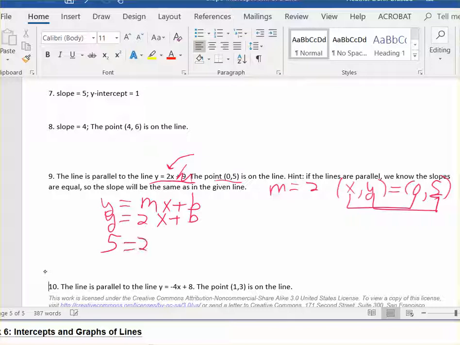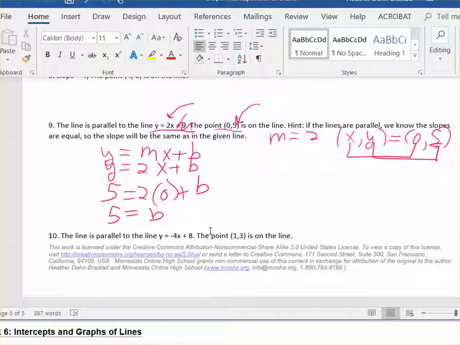This means 2 times x, x is 0. And when we simplify this, we get 2 times 0 is 0, plus b, we get that 5 is b. So it turns out they really did give us the y-intercept in this case, because the y-intercept is when x is equal to 0. And then you're ready to write your equation of your line. When you do number 10, you'll have to do another step or two to find b.